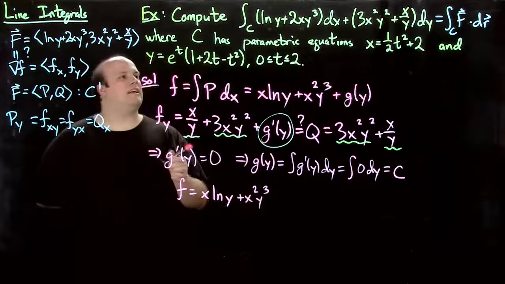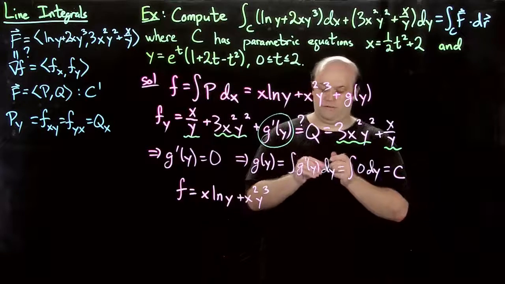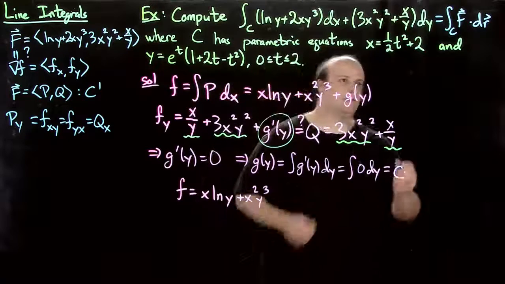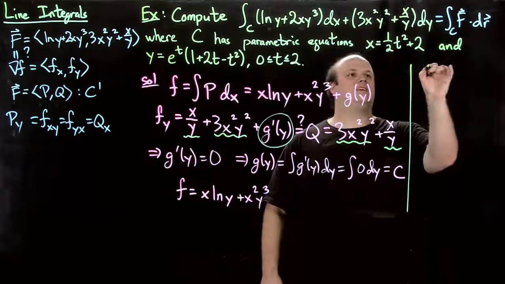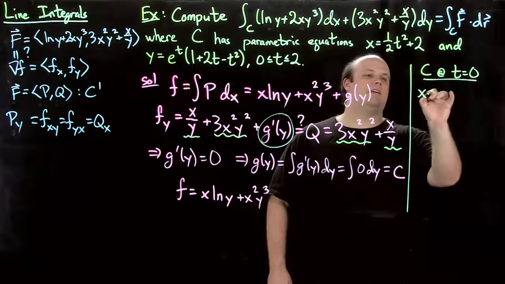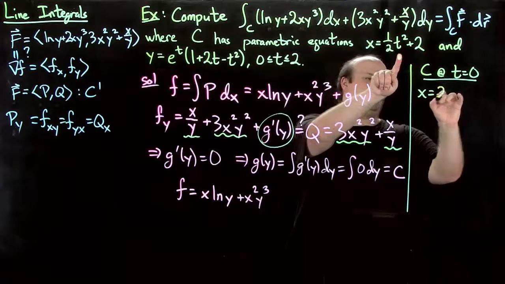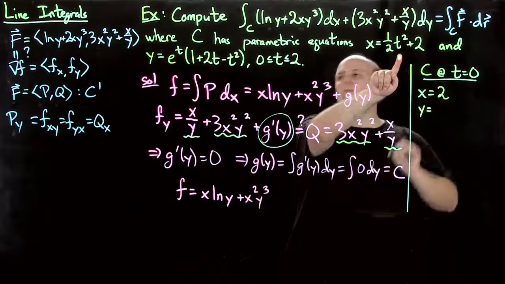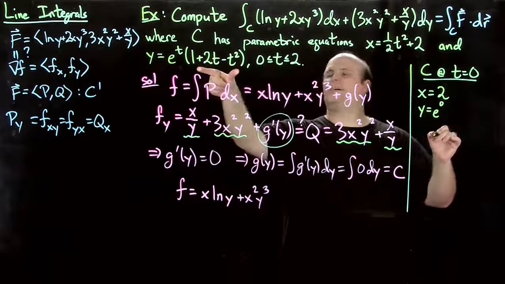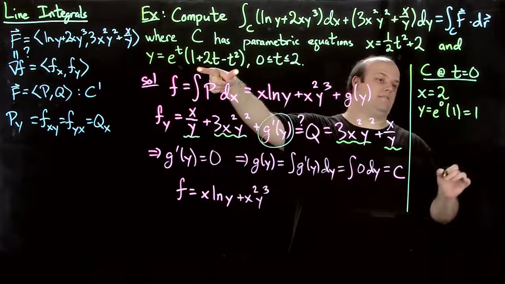All right, but that means we need the start and end point of this curve. So let's do that over here real quick. So c at t equals 0, well, x is going to be, where's x? Up here. Just 2. Y is going to be e to the 0 times 1, so this is just 1.